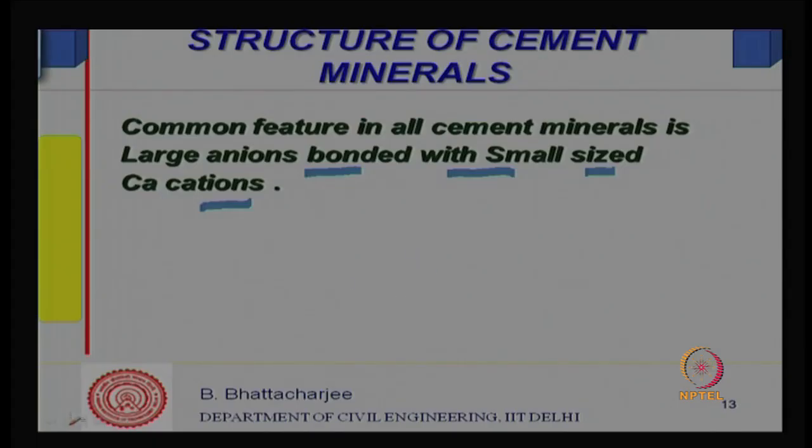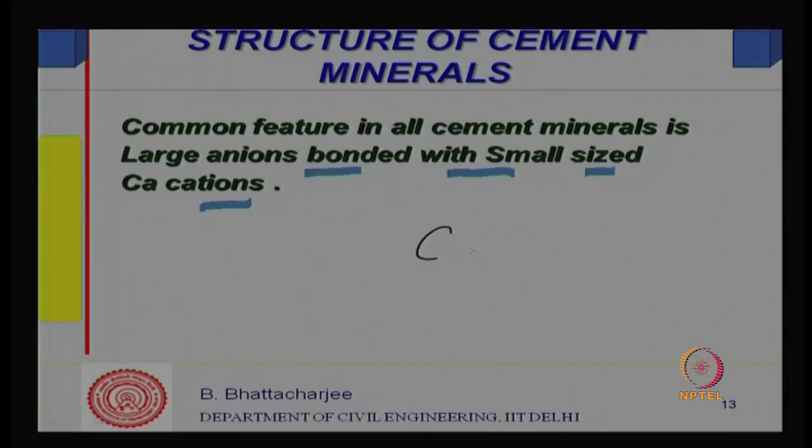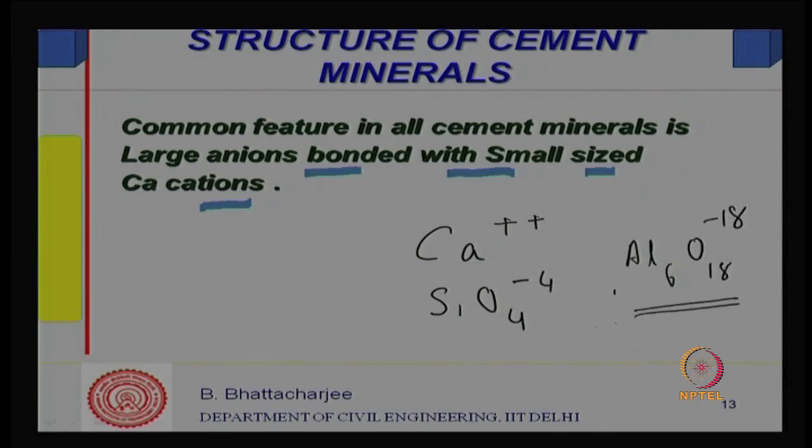Your cations are calcium, anions are SiO4 minus 4, Al6O18 minus 18, etc. So, you can see the sizes of these anions are very, very large, cations are small calcium cations.